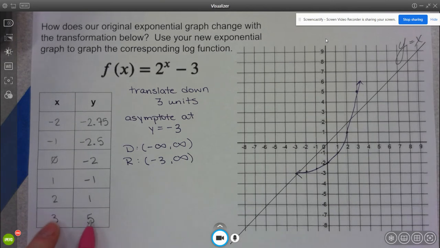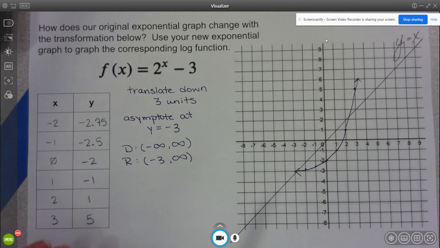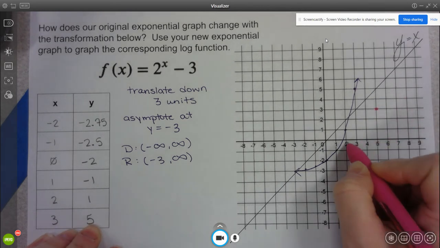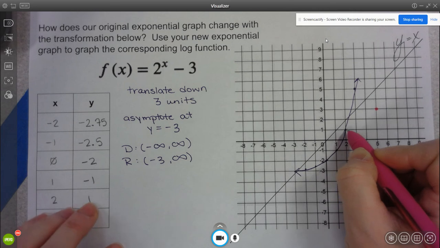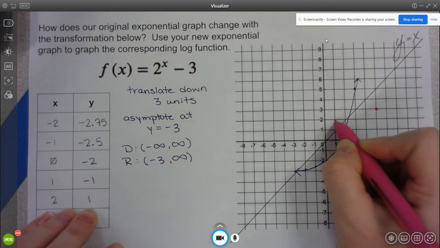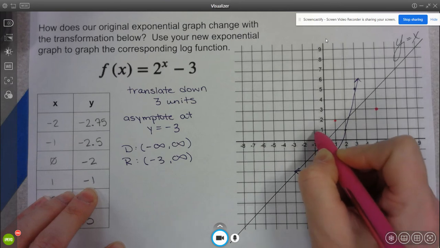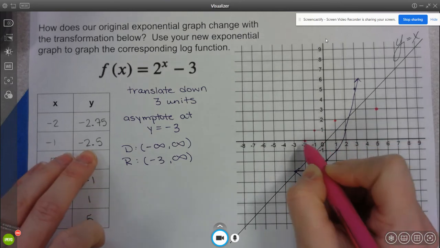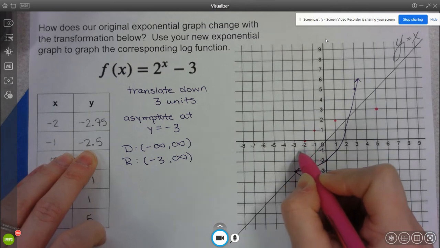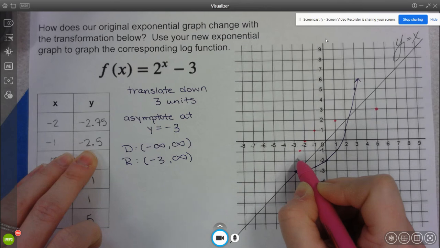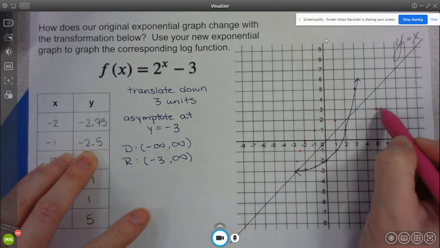So I'm going to graph these in reverse order. So I'm actually going to start here at 5, 3, 1, 2, negative 1, 1, negative 2, 0, negative 2.5, negative 1, negative 2.75, negative 2.